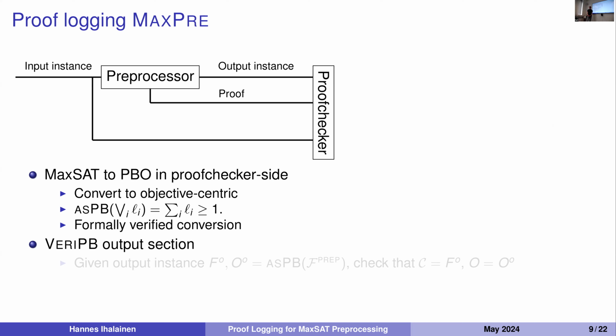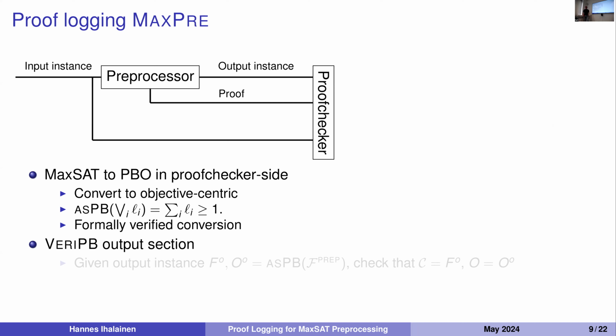And we have a formally verified conversion, so you don't have to trust that the preprocessor does a correct conversion from MaxSAT to PBO. And yeah, the conversion is in a sense trivial, so we convert MaxSAT to an objective-centric view. And then, because MaxSAT is like a subset of PBO, there's a trivial conversion from clauses to 0, 1 linear inequalities.